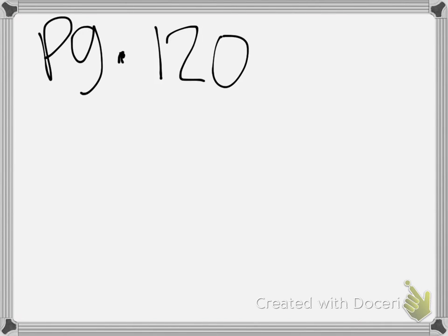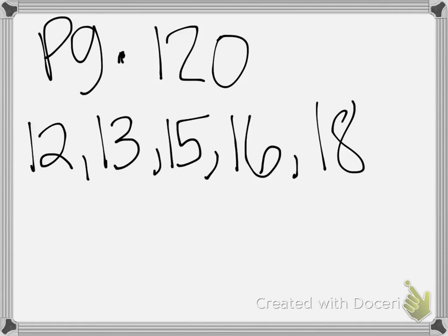Okay, so what I would like you to try is on page 120, I'd like you to try problems 12, 13, 15, 16, and 18. If you forgot your book, you're going to have to do this during your practice time that you could be getting your homework done Monday at school.